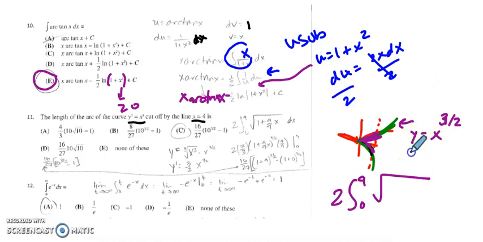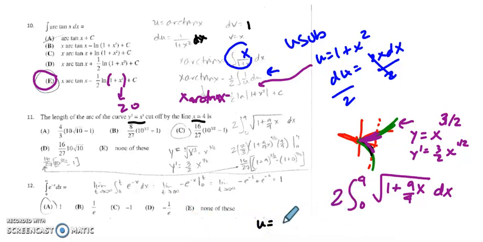The derivative of y, y prime, will be 3/2 x to the 1/2. So when I square 3/2, I get 9/4, and when I square x to the 1/2, I get x. And I end up with a pretty tricky integration problem. It's doable, but I'm going to need u substitution to do it. So I'll work over here.